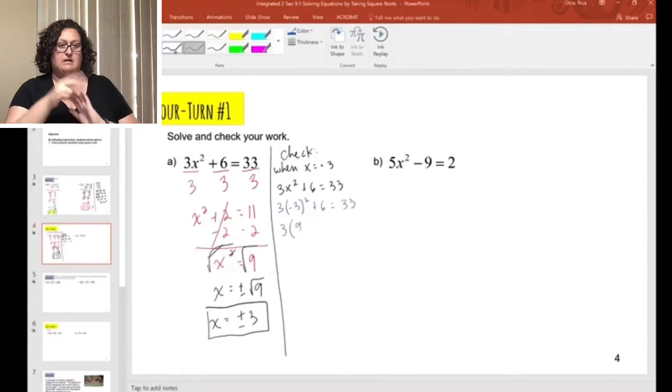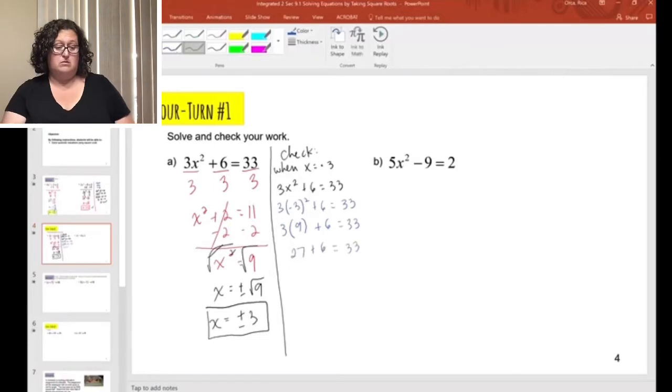Negative 3 squared is 9, and 3 times 9 is 27, plus 6 equals 33. When you combine 27 and 6, you get 33, which equals 33. So x equals negative 3 is a solution.